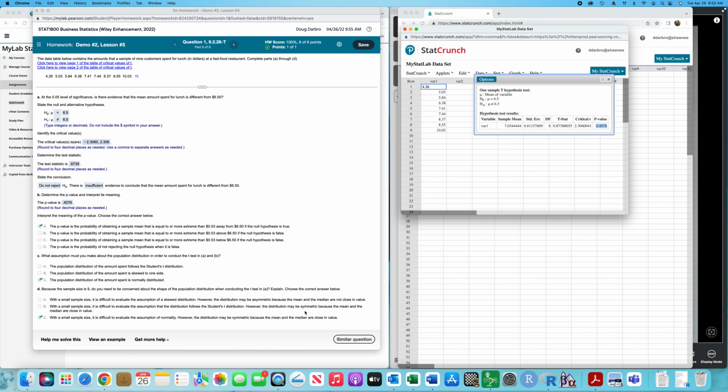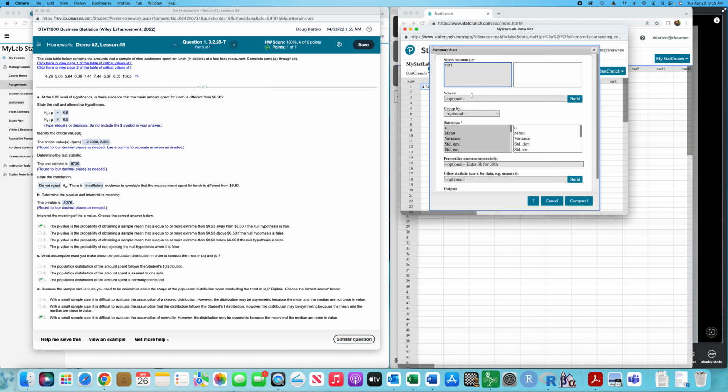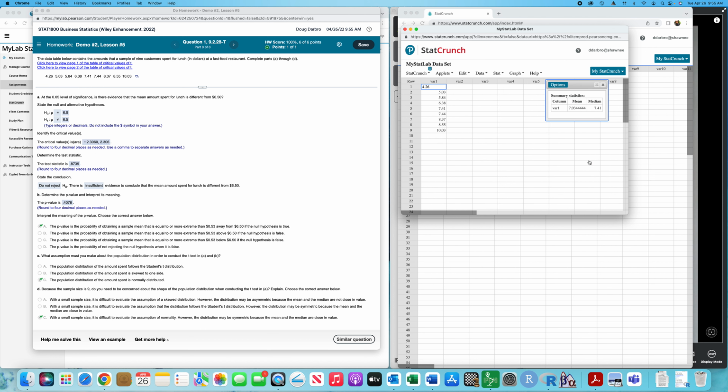But it may be symmetric because the mean and the median are close in value. So what I did there is I just went to my calculator, went to Summary Stat, Column, and selected Variable 1, and selected the mean and the median, 17.03 and 17.41, which are relatively close. So that's the reason I chose D.